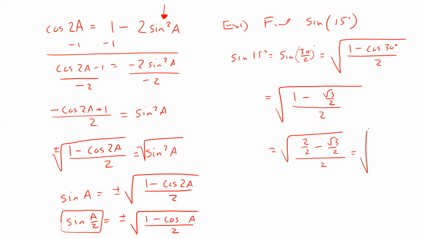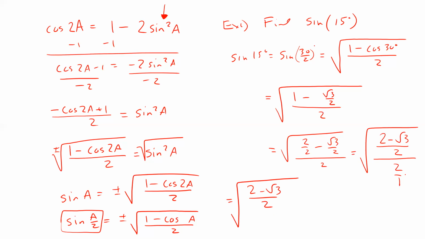So then I have 2 minus root 3 over 2, over 2. Oh boy. So then, you know what I can do? I can change it into a multiplication now. So check this out. That keeps the same, but that little 2 over 1 now becomes a 1 times 2, or 1/2.